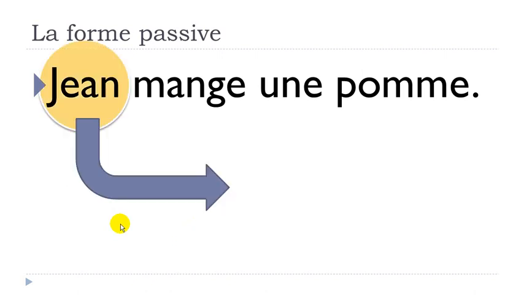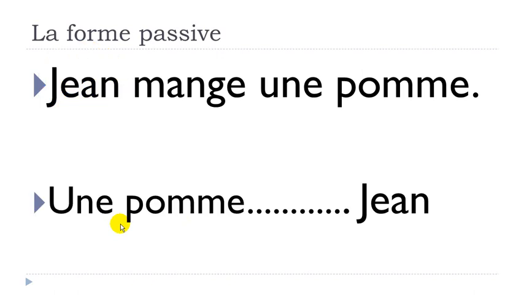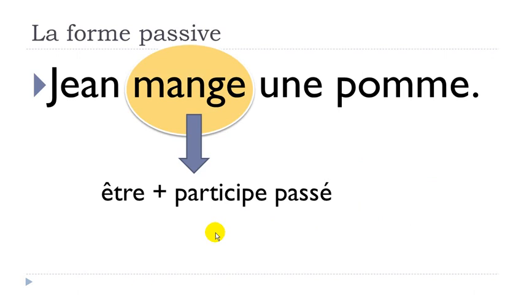Then we take Jean, and then of course, Jean is not coming right after because the verb should come between the two. So it will be here. And after that, the verb mange here should be transformed. And that's the whole thing of the passive form.